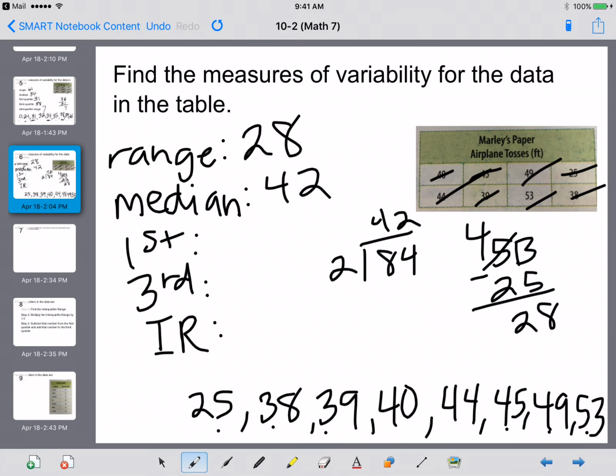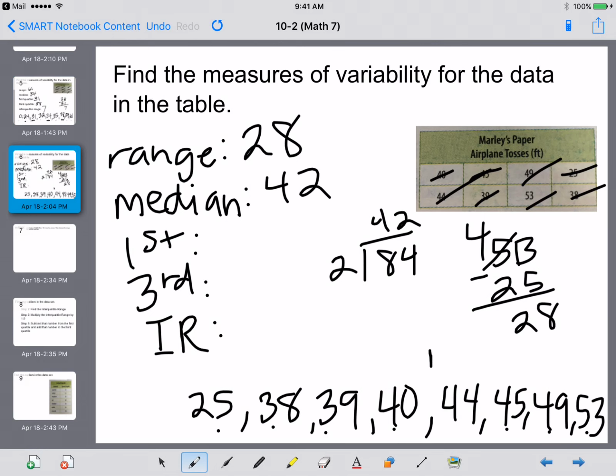So now we need our first quartile. And our first quartile is the number that's in the middle of our top half of data. So what we need to do is we'll just start from 40.